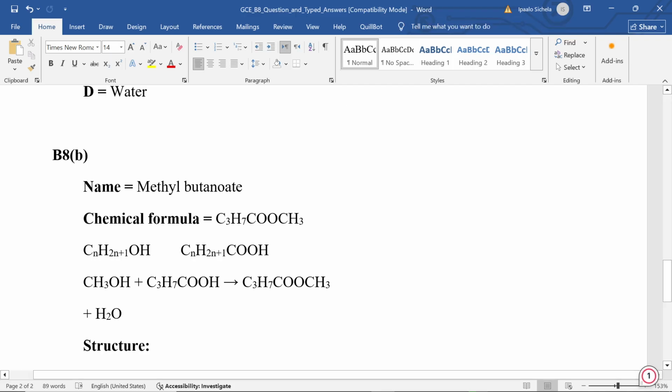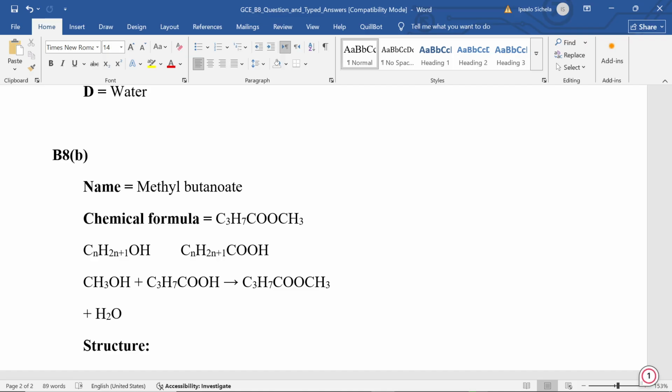Okay, so this is the chemical formula of methyl butanoate. How did I come up with it? The first thing you need to do is write the chemical formula of the alcohol involved in the reaction, then write the chemical formula of the carboxylic acid involved in the reaction. The alcohol involved was methanol.